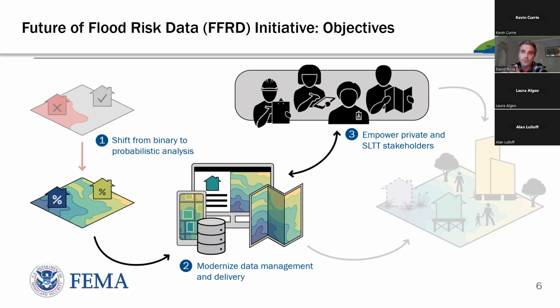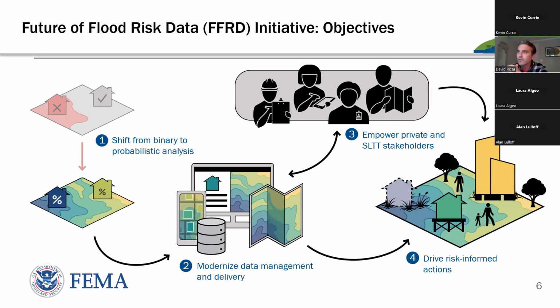And finally, the fourth objective is that increasing this access to rich hazard data would ultimately drive risk-informed mitigation planning and insurance actions. Together, these four objectives drive a more risk-informed NFIP, and one that really helps work for many types of users and decision makers.